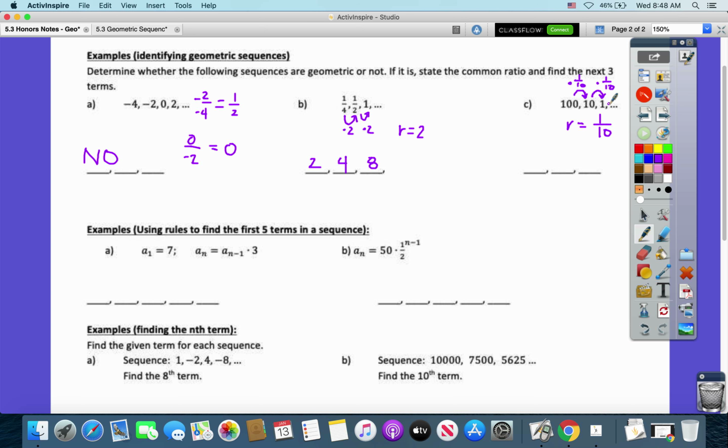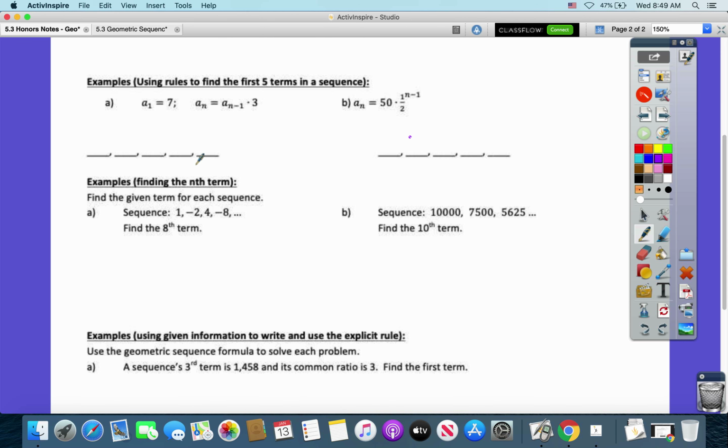If we continue multiplying, 1 times 1/10 is 1/10. 1/10 times 1/10 is 1/100. And then 1/100 times 1/10 gives us 1/1000. So those are the next 3 terms for that one.